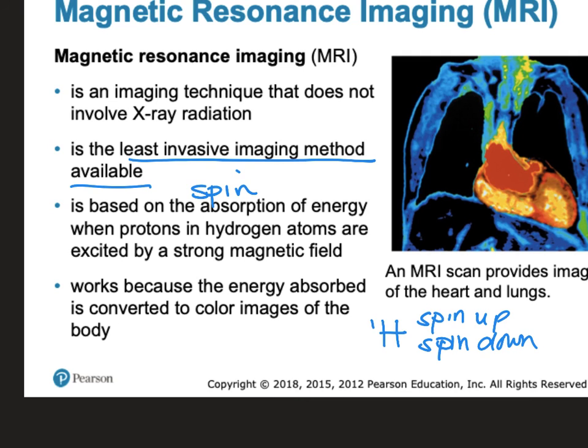That energy is going to be different if that hydrogen is found in a tumor or if it is found in a healthy cell. So these energies can be calculated and converted to give you a three-dimensional image of the body. You do not have to know the intricacies of MRI imaging. I just wanted to give you a basic level of understanding of what's happening when you get an MRI.